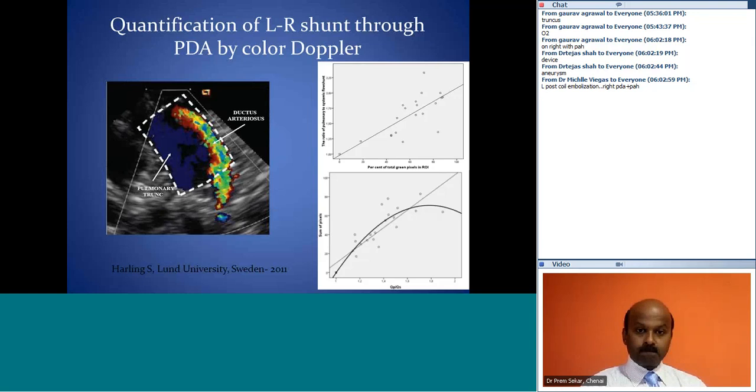The area of the pulmonary trunk and the area of the ductal shunt area were quantified, and it was found that when the ductal shunt area was more than 40% of the area of the pulmonary trunk in the parasternal long axis view, it correlated well with a QP by QS of 1.4 to 1.